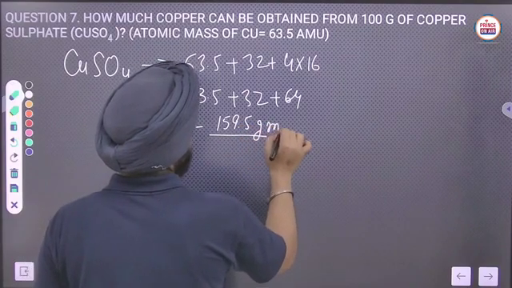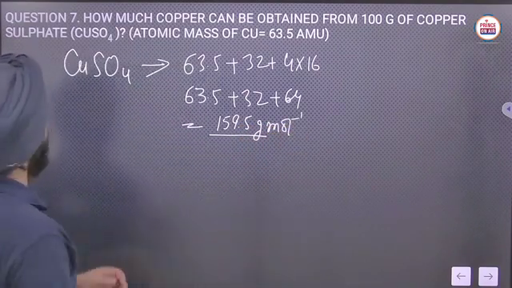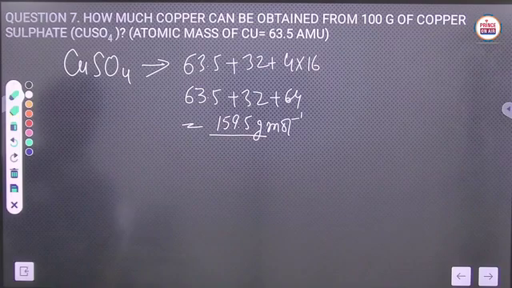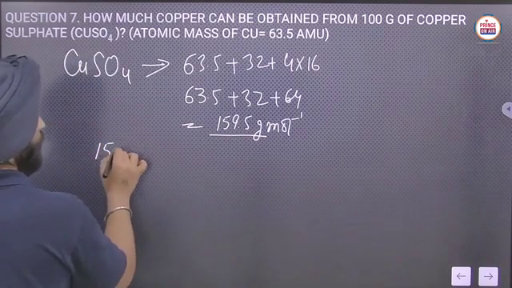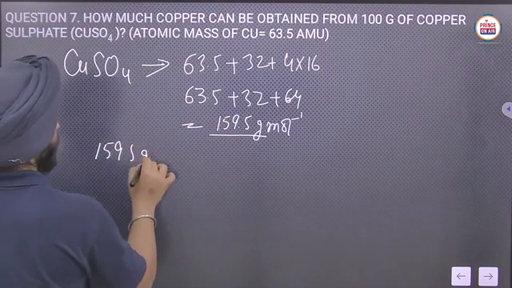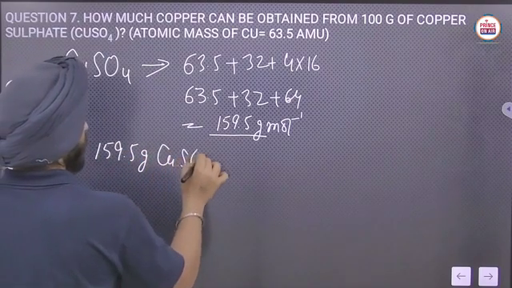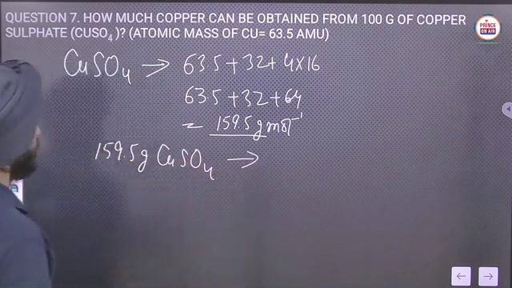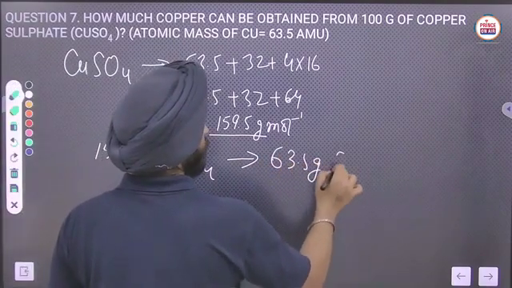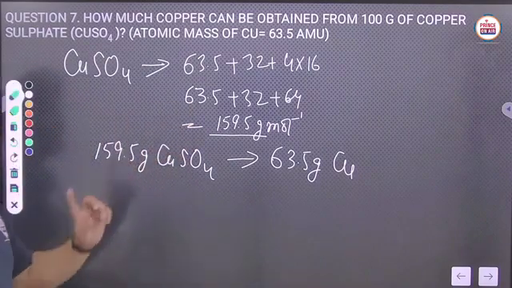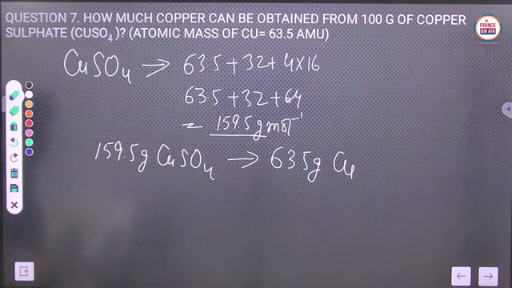gram per mole. Now, how much copper can be obtained? If you have 159.5 gram of copper sulfate, it will contain 63.5 gram of copper. Yes or no?